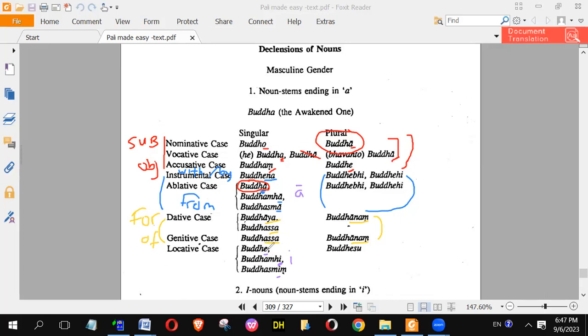So Buddhe, Buddhamhi, Buddhasmiṃ, Buddhesu. This su is very good because it is the only one so far. When I learned Pali, the first lesson for declension was that my teacher asked us to memorize this by heart.